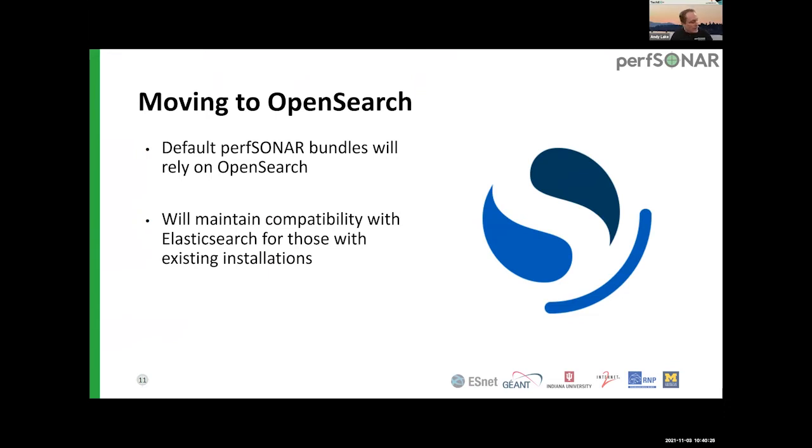They're trying to maintain backward compatibility with Elasticsearch as much as possible. Our hope is this will be the default thing that installs for people. For people that are familiar with Elastic, for example, we now have a very large Elastic cluster, or people that want to use Elastic, all the stuff we write will still be compatible with that. This is really if you just install our default bundles, it'll be set up using OpenSearch.